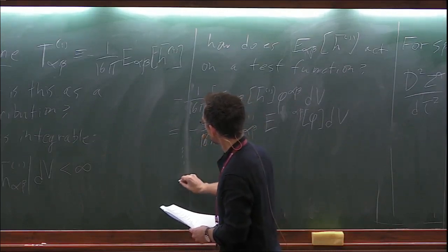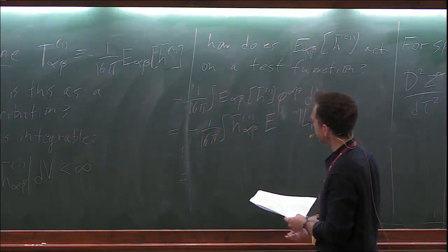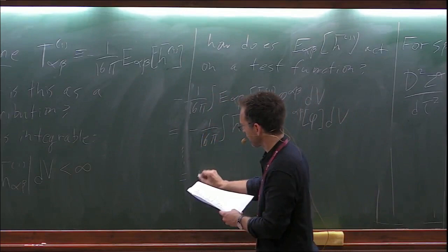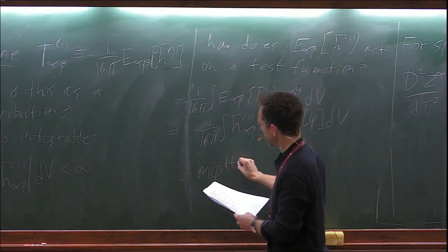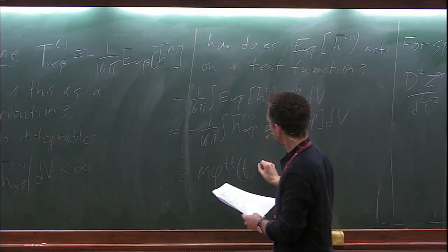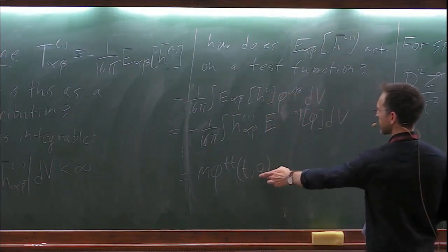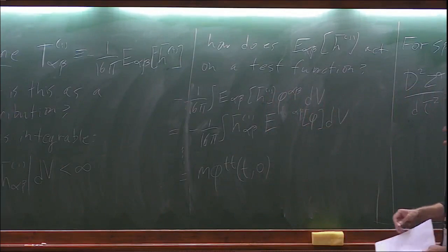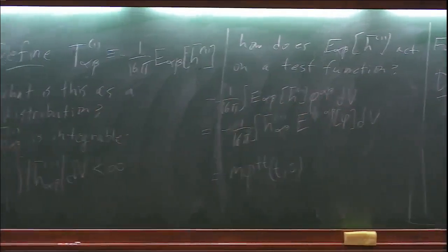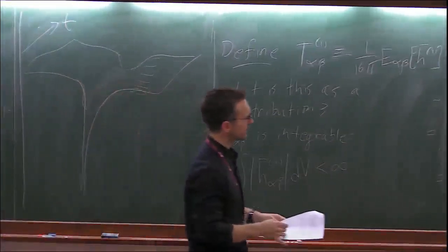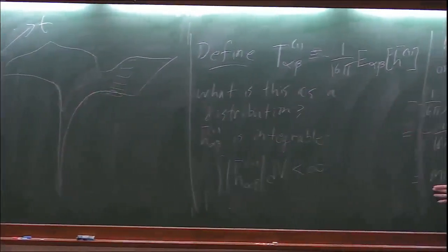And then, with a little bit of calculation, you find that what comes out here is just the mass times phi tt at t and xi equals 0, so on the world line. You get this by substituting this for h bar 1 and doing a few manipulations, and out pops this.